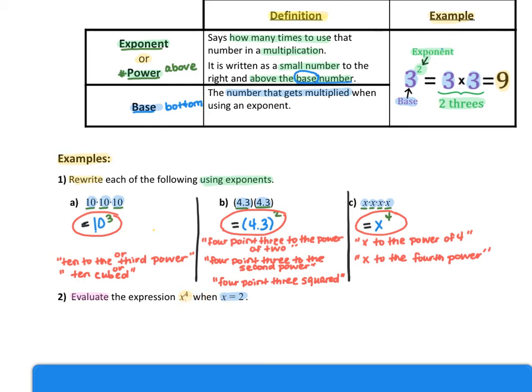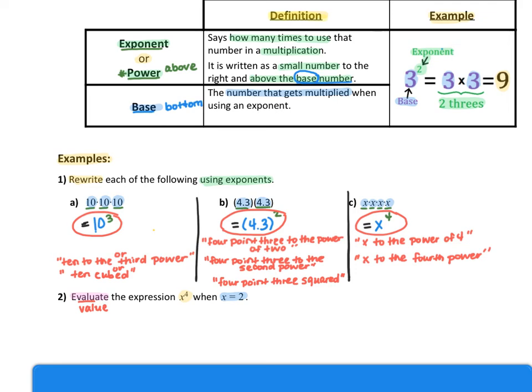So let's look at part 2. They want us to evaluate the expression x to the 4th power when x is equal to 2. This combines the last lesson, where we used the vocabulary word evaluate. We need to remember that all that means is to find the value of the expression.